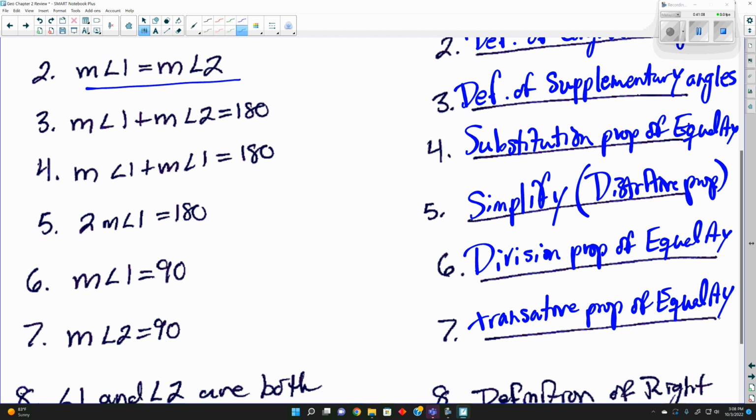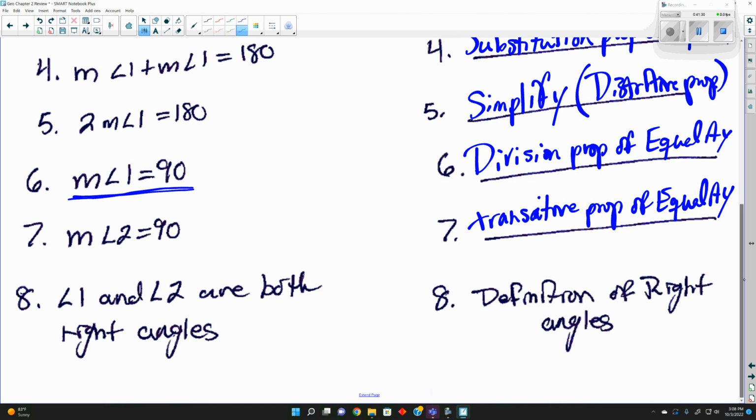No, there is no A. This is supposed to be an I. Transitive, because we're taking this statement and the fact that 1 is congruent to 2, or 1 is equal to 2. And that's it.